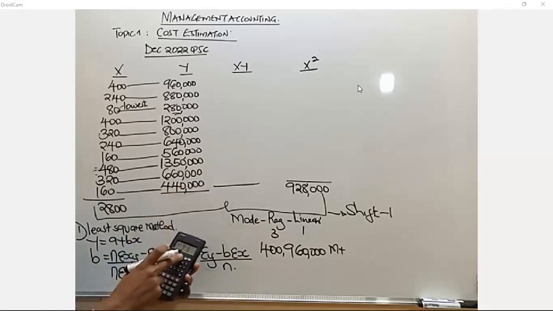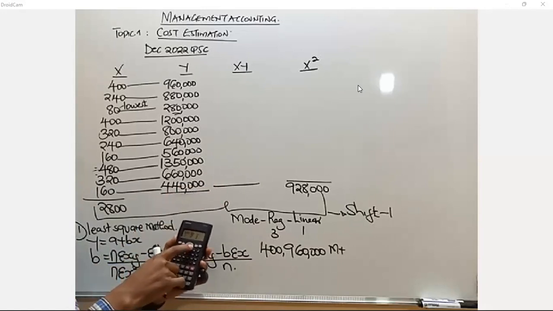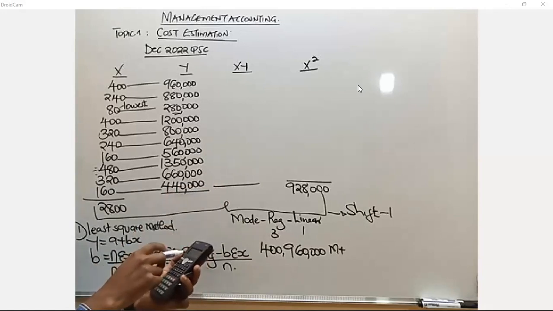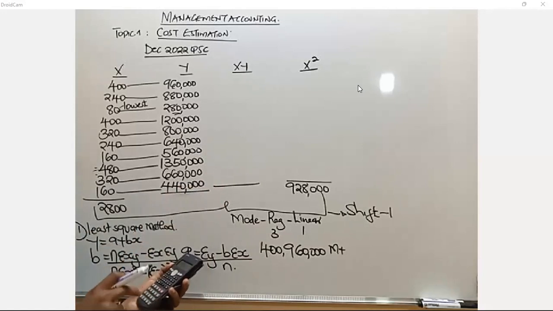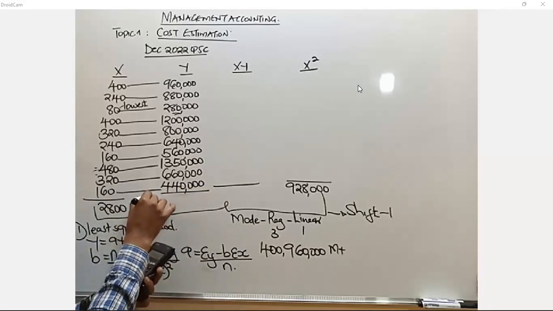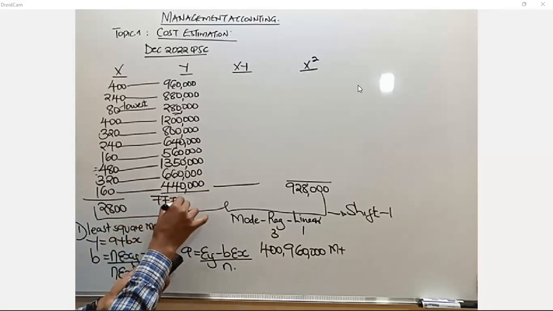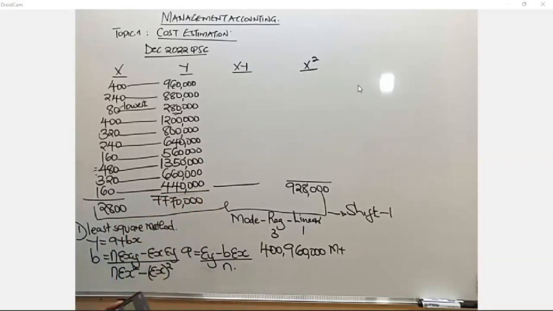Let me scroll using the right button here. You can see here, when I press it, I get the summation of y squared. I don't need it, but I need the summation of y, which is under number 2, equal to 70,000. I just copied it there.